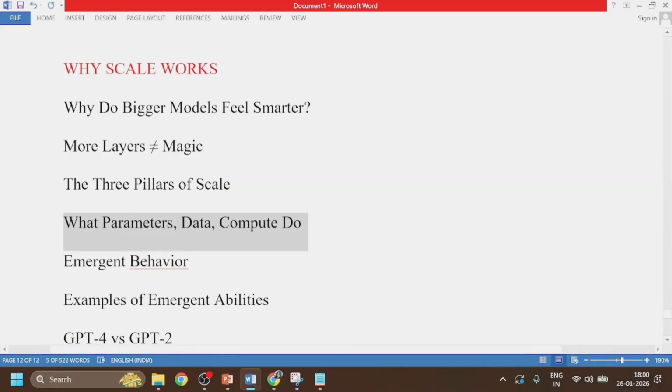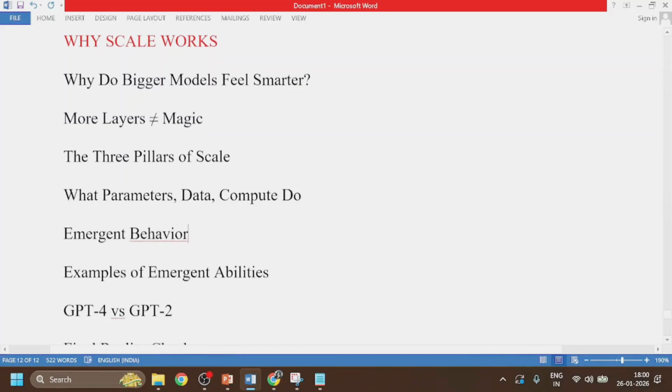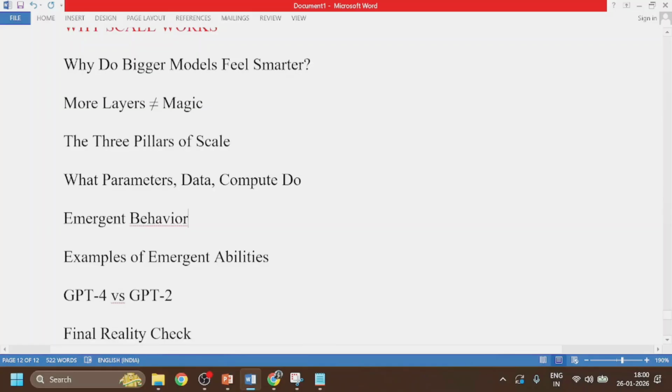Now, emergent behaviors. At small scale, models show basic language ability. At large scale, new abilities suddenly appear. This is called emergent behavior.